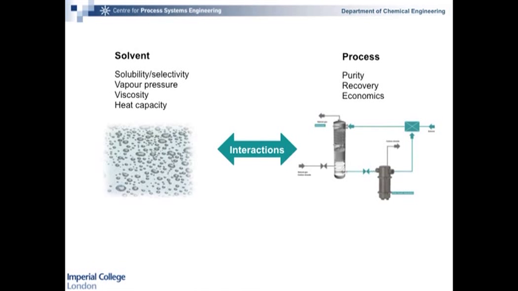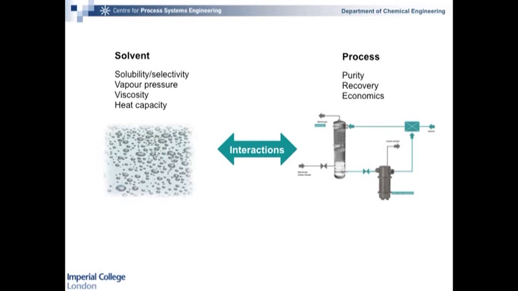Okay? And here is a very good example of how we have interactions between the process and the molecule and its properties. In order to be able to know how this process performs and how much gas we are making and how much money we're spending on the capital equipment here, we need to know about the phase equilibria between the CO2 and the solvent and how much CO2 is absorbed, how much natural gas is absorbed as well.